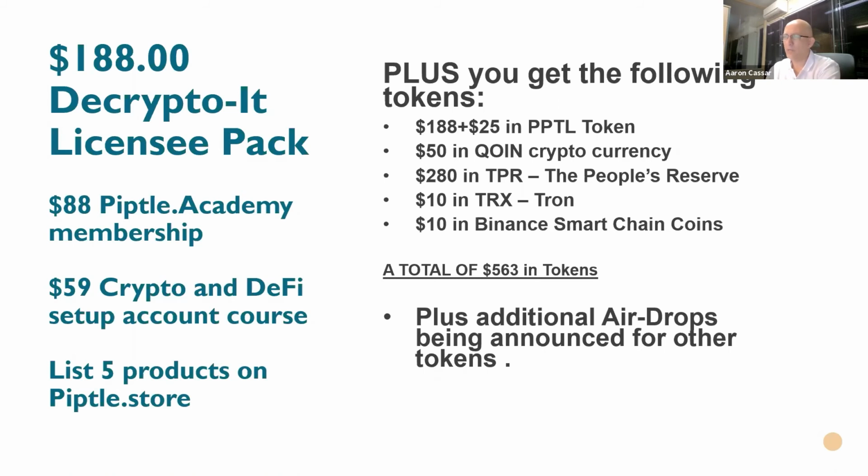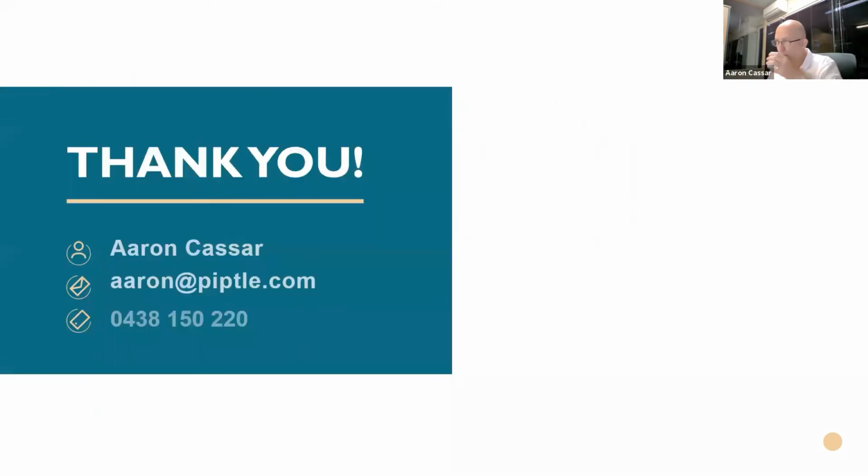Like for example, coin, they can spend it immediately. TPR is available to be spent with merchants they've got on board, or it can be staked so they can earn some more. Tron and Binance Smart Chain coins are all going to be sent to their PPZ wallet. Plus there'll be additional airdrops as well.